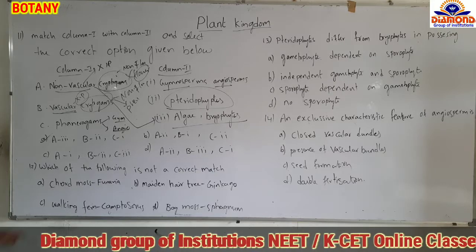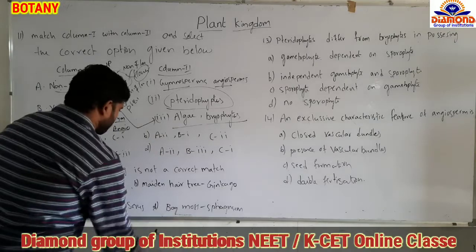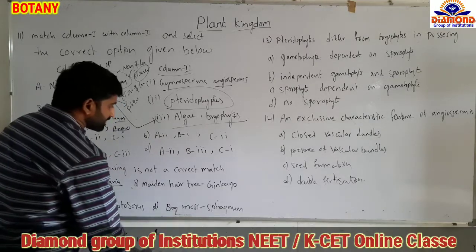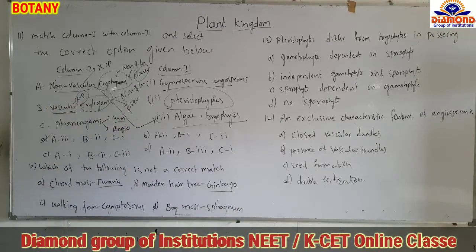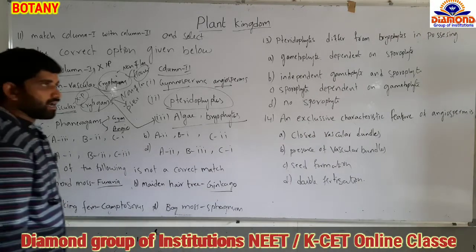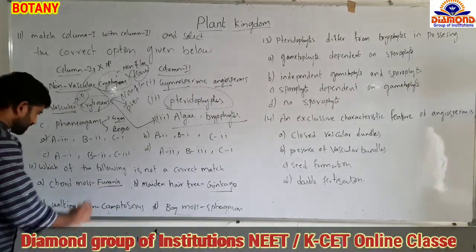Match option A, pod moss, Funaria; option B, maidenhair tree, Ginkgo; option C, walking fern, Camptosorus; and option D, peat moss, Sphagnum. See now, pod moss, an example is Funaria.